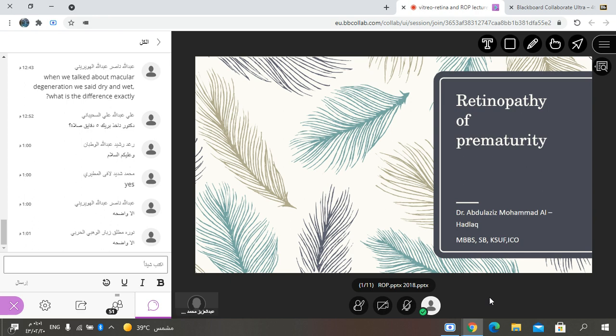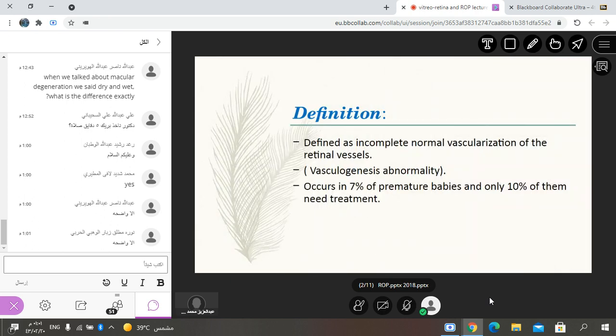What I noticed in Qassim is that it's very high in number. It may depend on the NICU care, or there may be a very high number of premature babies, or it may be just that as a tertiary center treating these patients, it's only the MCH, the children's hospital.